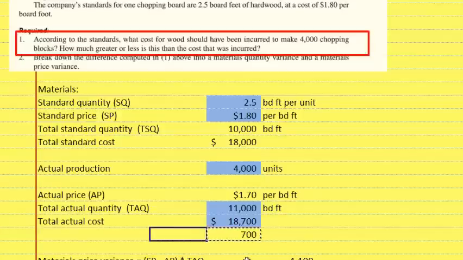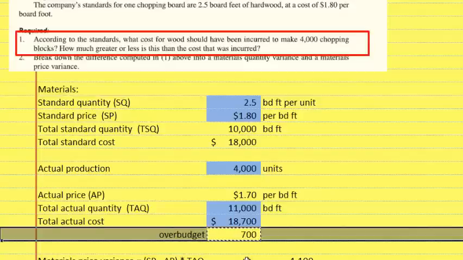And I'm just going to label this over budget because we are $700 over budget. So requirement 1 says what cost should have been incurred, $18,000. How much greater or less was this than the actual cost incurred? Well, it was $700 less than the actual cost incurred.